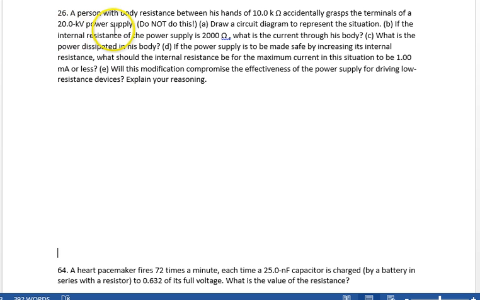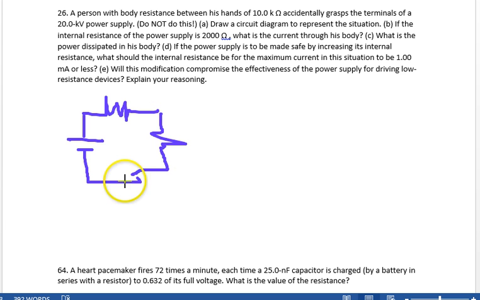Part B, if the internal resistance of the power supply is 2,000 ohms, what is the current through the body? Now in part B, we have our 20 kilovolt power supply, we have 2,000 ohms of internal resistance, and we have 10,000 ohms of external resistance.